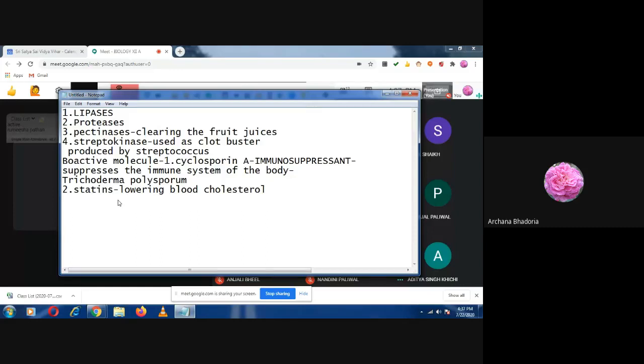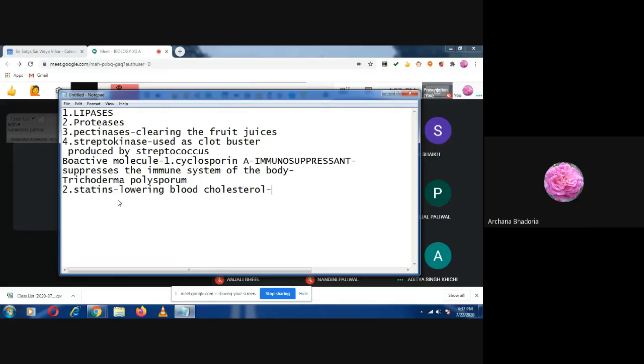So how is it doing this work? Statin inhibits the enzyme that synthesizes cholesterol. It stops the work of the enzyme which is synthesizing the cholesterol.